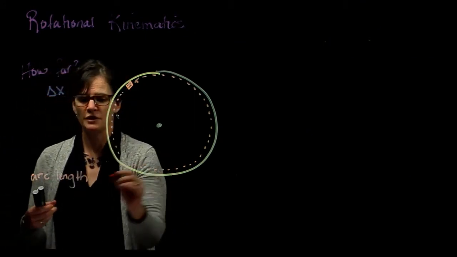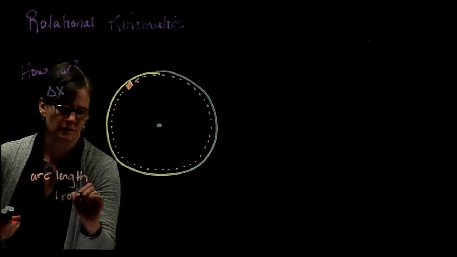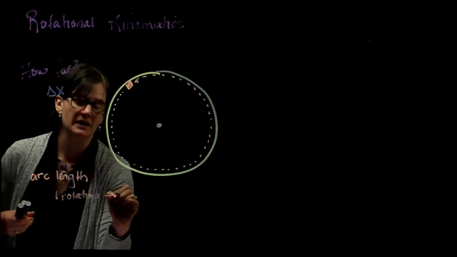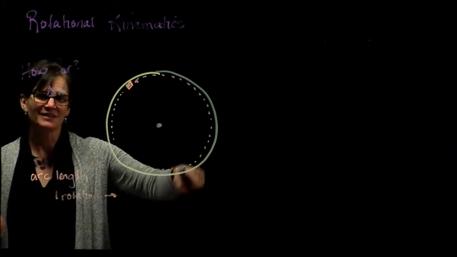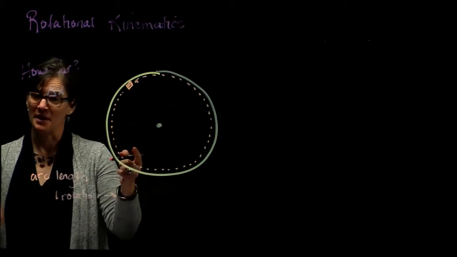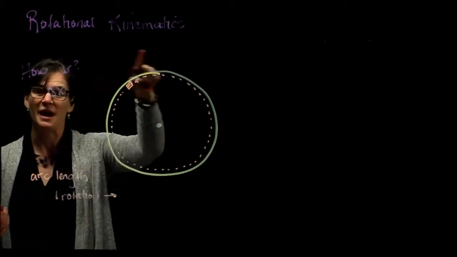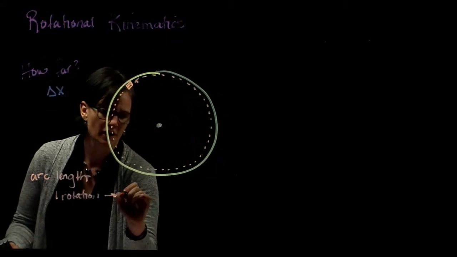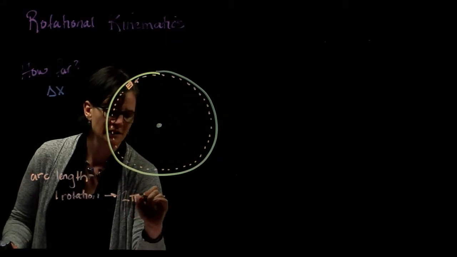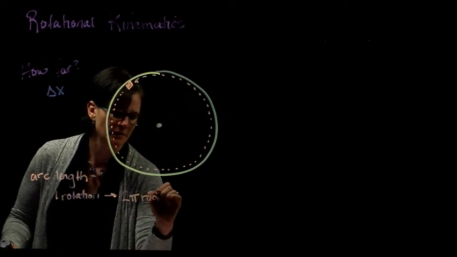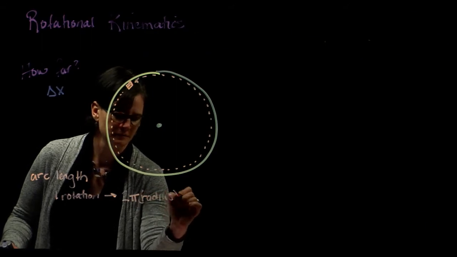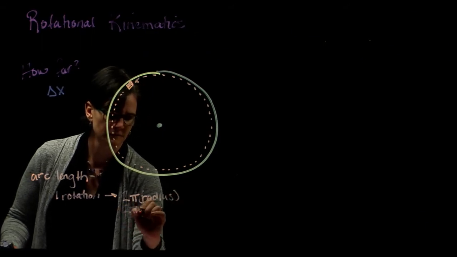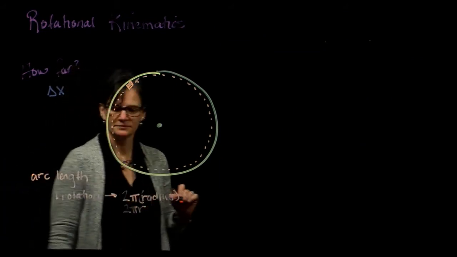And for one rotation, the arc length is the circumference. Okay, so the circumference of a circle, the distance around that circle. And the circumference we know as 2 times pi times the radius. All right.